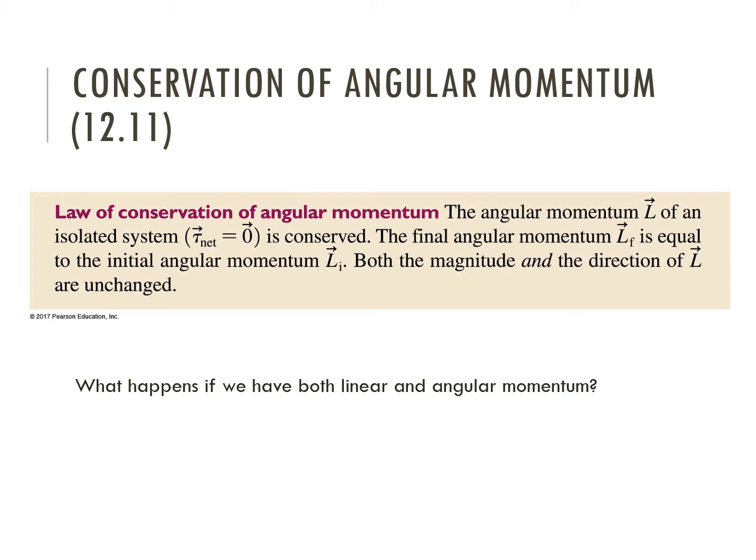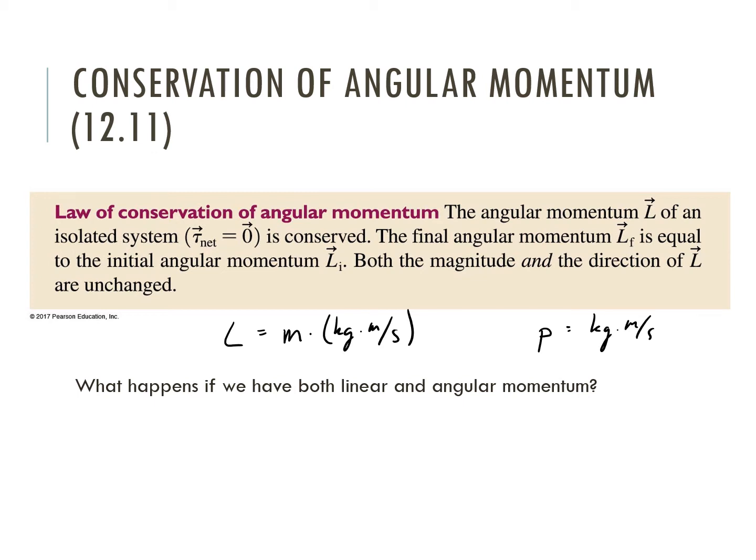Because if we think about our units for angular momentum, we'll have meters times kilograms times meter per second. We can't just add that to momentum, which is kilograms times meter per second. These two can't be added together because their units are different.